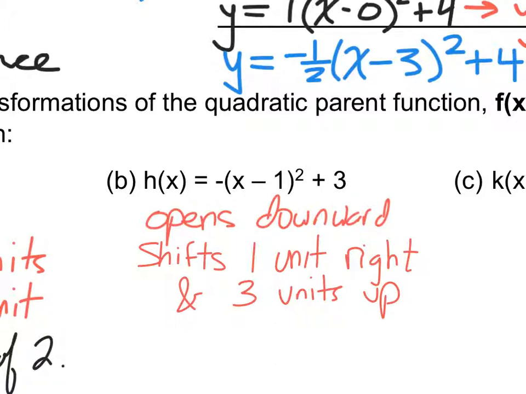That's taken care of when we say downward. So our shrink factor or stretch factor would be 1, right? Because we disregard the negative sign. Is that changing the size of the parabola, or the shape of it? What happens when you multiply something by the number 1? It stays exactly the same. So we have no stretch or shrink.